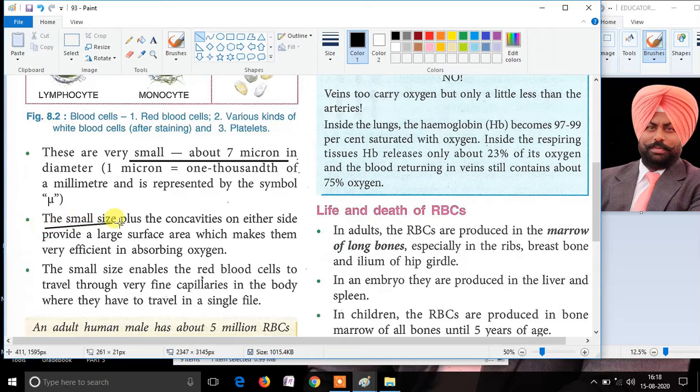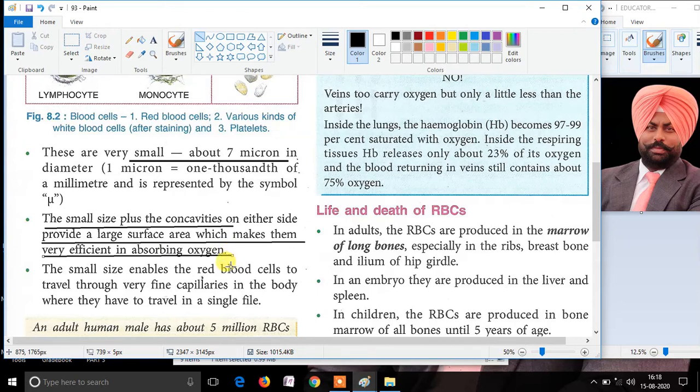The size is very small, and it is concave on both sides, meaning it is biconcave, having cavities on both sides. The purpose of these cavities is to provide a large surface area, which makes them very efficient at absorbing oxygen.